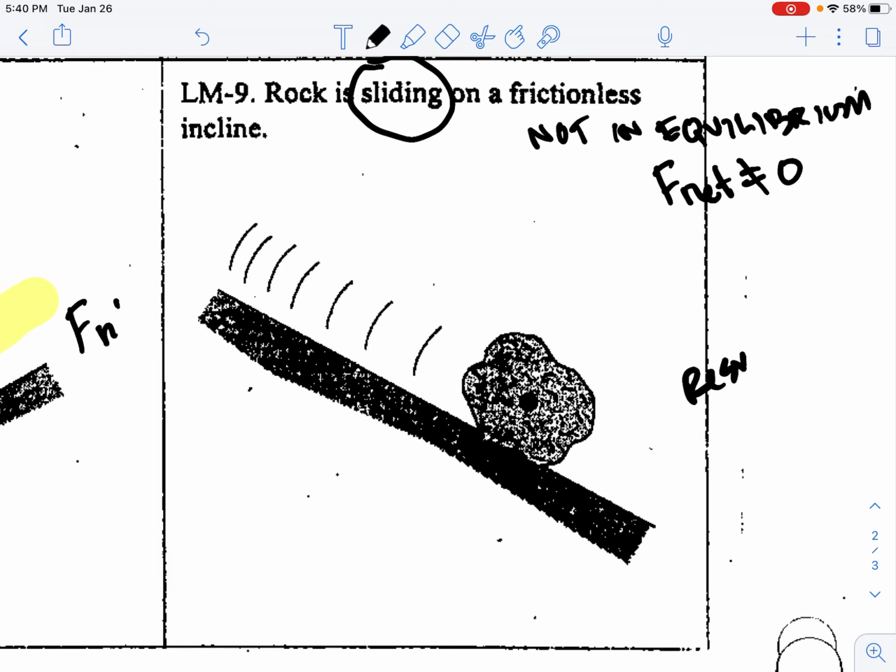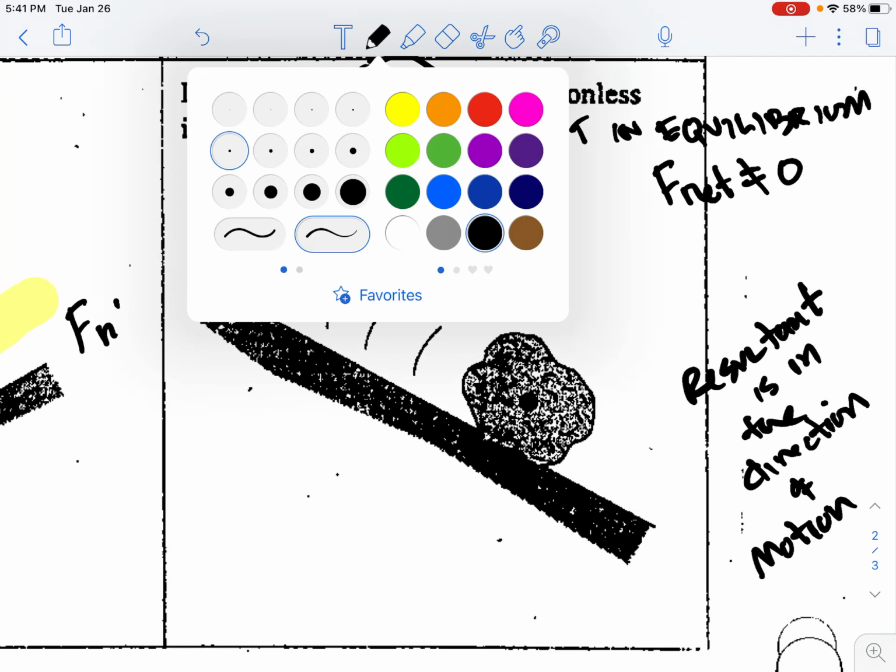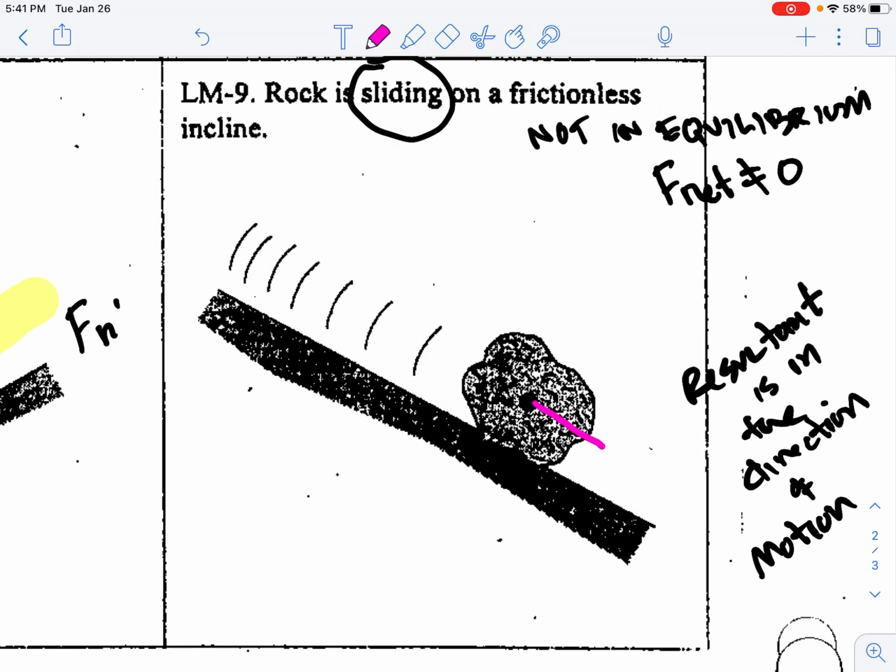So the resultant is in the direction of motion. All right, and since this thing's going to be sliding down an incline, we know the resultant, and we'll make it hot pink. It's going to be moving in this direction. So there's my resultant. And that means that the combination of all the other forces then will have to add up to that pink arrow. So let's see if we can identify them.